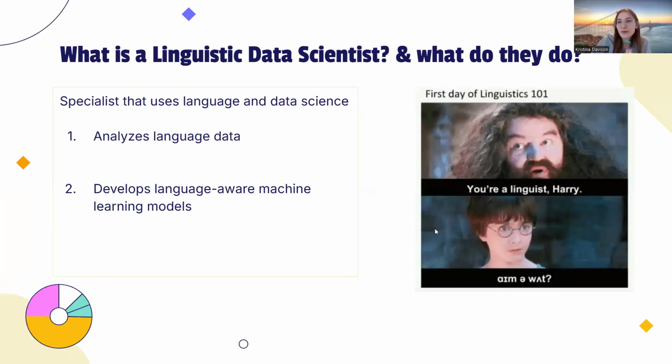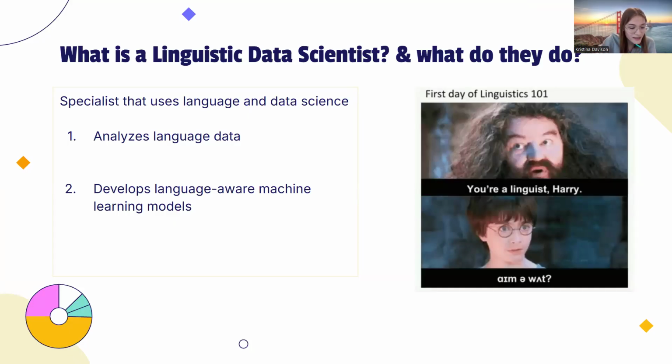Okay, so what is a linguistic data scientist and what do they do? Linguistic data scientists are specialists that use language and data science. One way they do this is by analyzing language data, looking at text and speech, and they look at patterns and grammar and meaning.